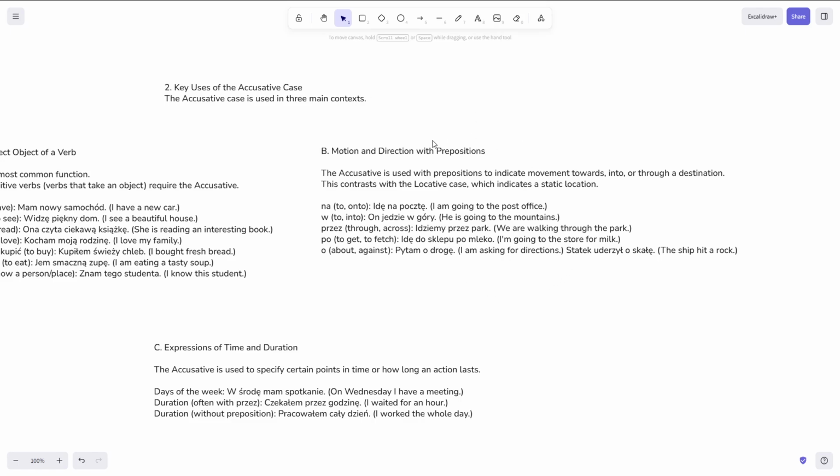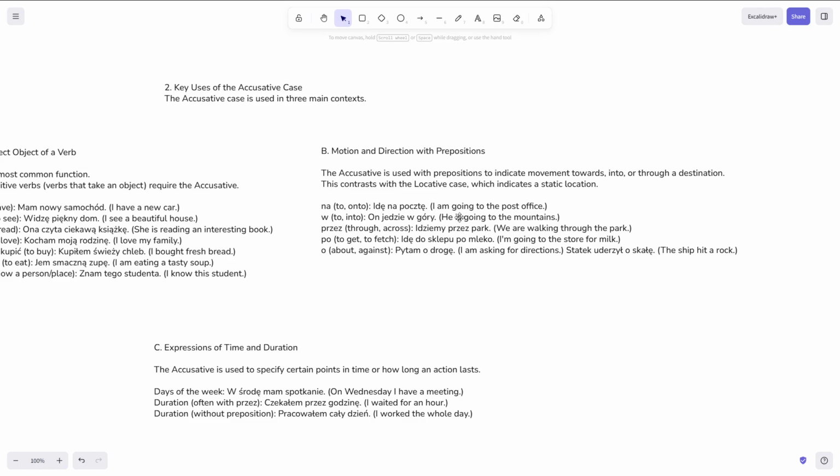So, in Polish, for direction, we would use the accusative, mostly. It does depend on the preposition itself a little bit, but the accusative is used with prepositions to indicate movement towards, into, or through a destination, okay?